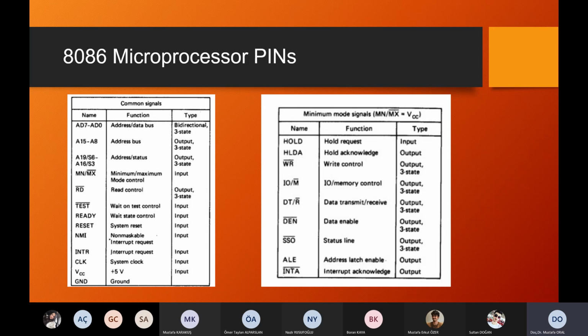Anyway, the microprocessor's pins have been categorized according to minimum mode signals, maximum mode signals, and common signals.